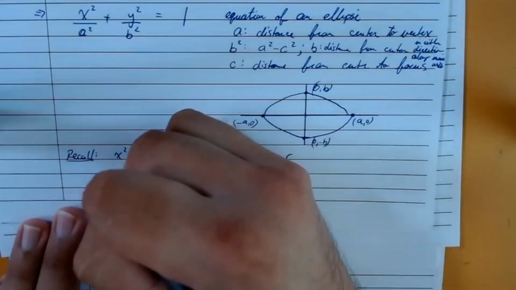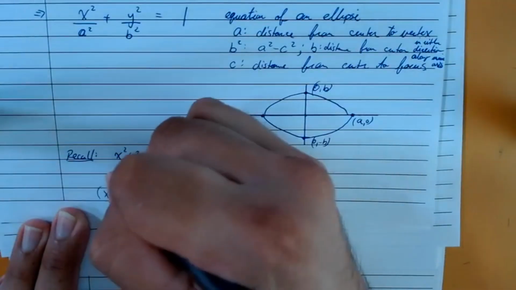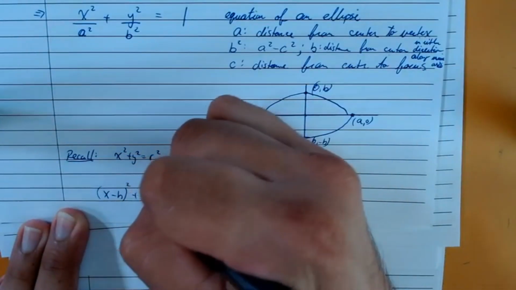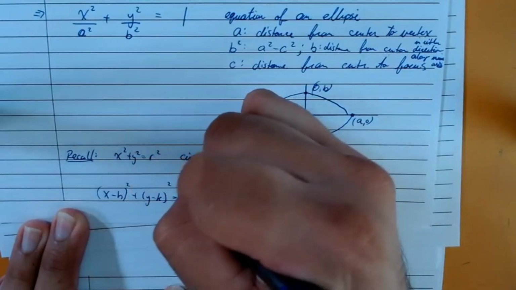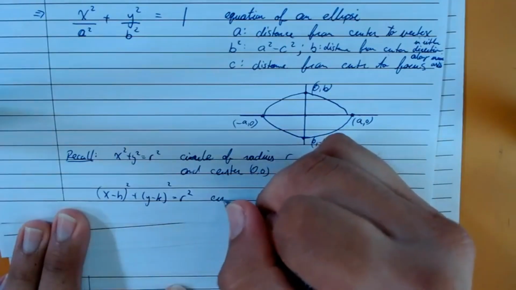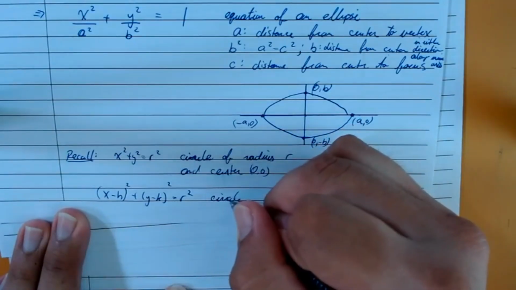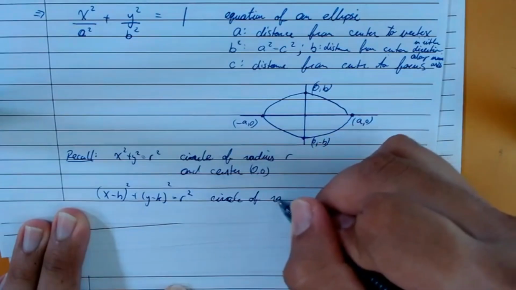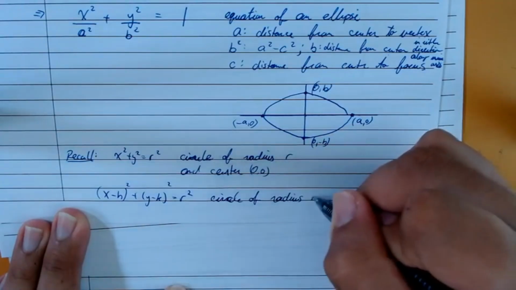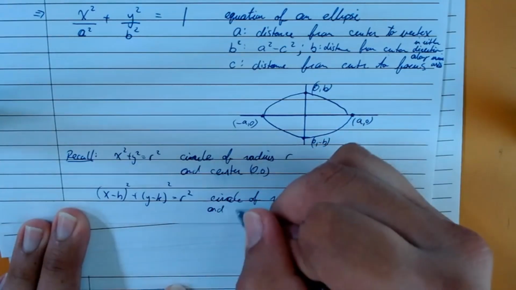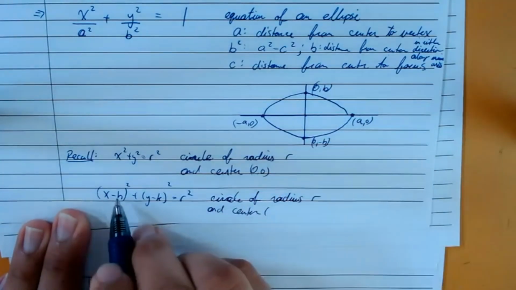However, if you had something like (x minus h) squared plus (y minus k) squared is equal to r squared, that was a circle, still of radius r, but this time the center is not at the origin, it's at h and k.